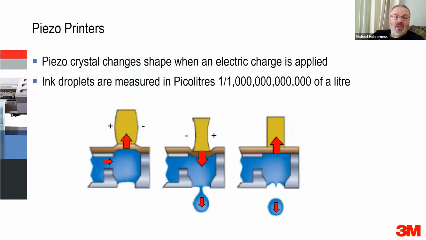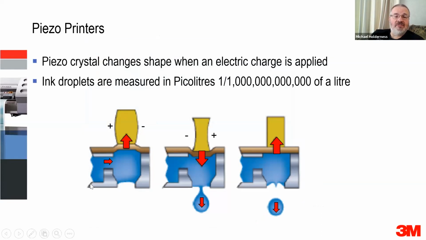Piezo printers. The big question now really with piezo printers is, well, how do they work? A piezo crystal is a crystal that changes shape when you actually apply electricity to it. So what you see from that rather poor looking diagram, it's the best I had. If you supply a charge across that crystal, it will change the shape of the crystal, and it pulls up on the membrane, and it will suck a little bit of ink out of the reservoir.